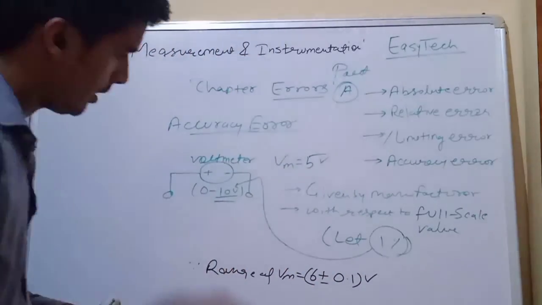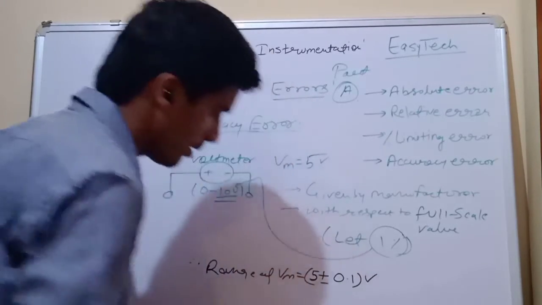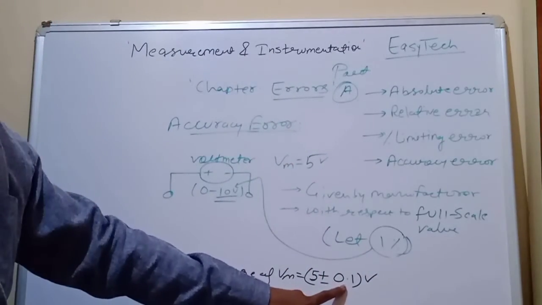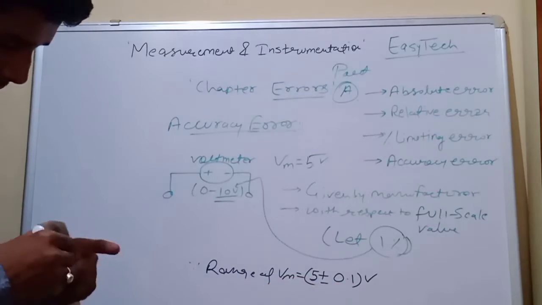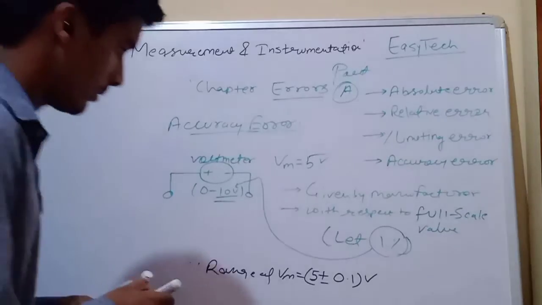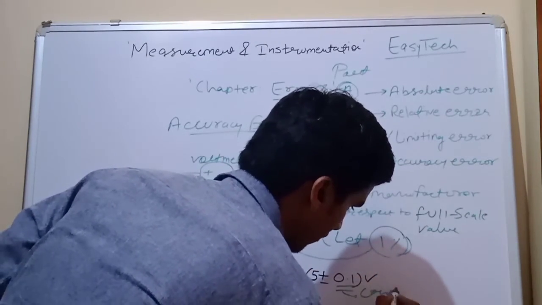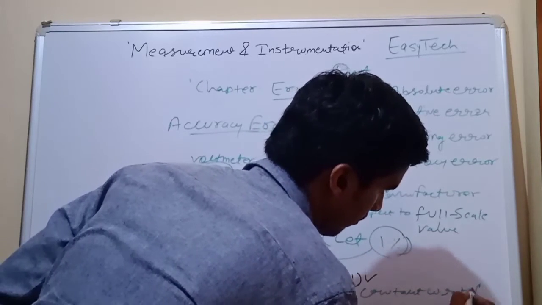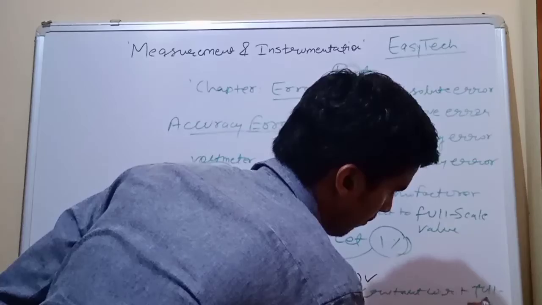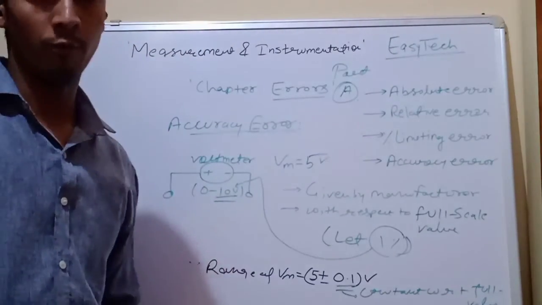The range of Vm should be 5 plus minus 0.1. This term will always remain constant with respect to the full scale value.